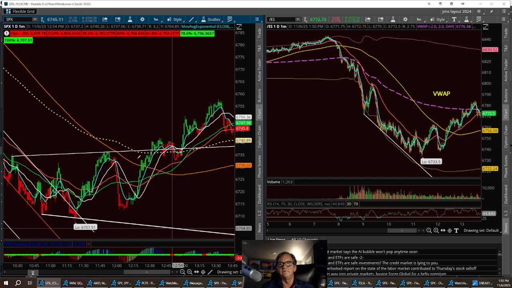So you got your little megaphone pattern. Then inside this we had the double bottom. So that's when I called this trade out.